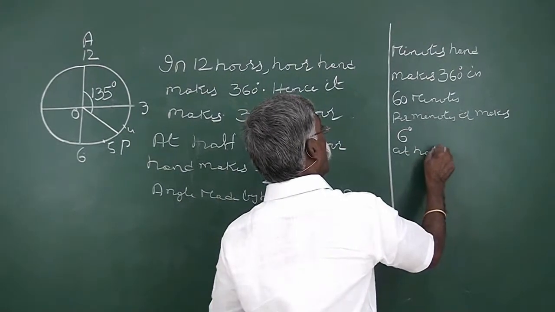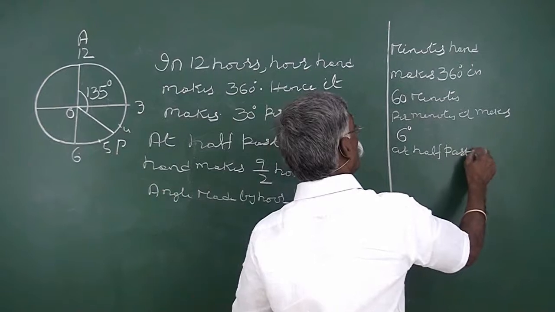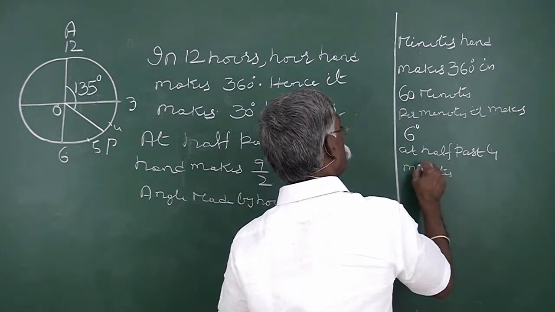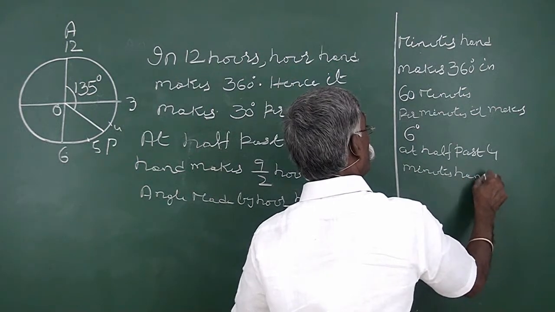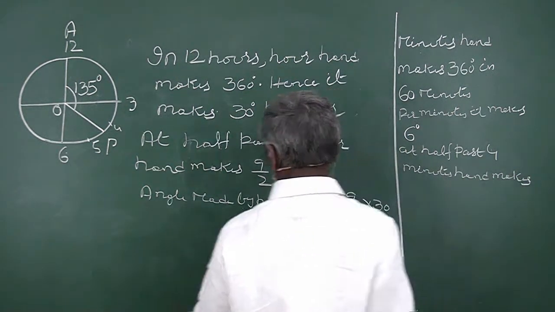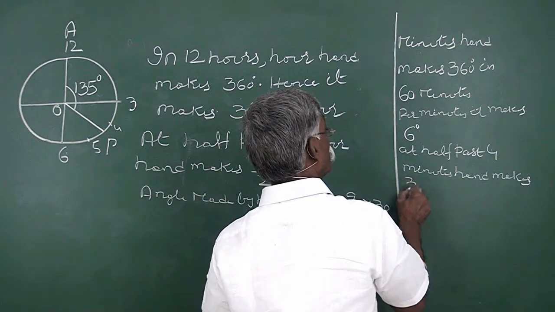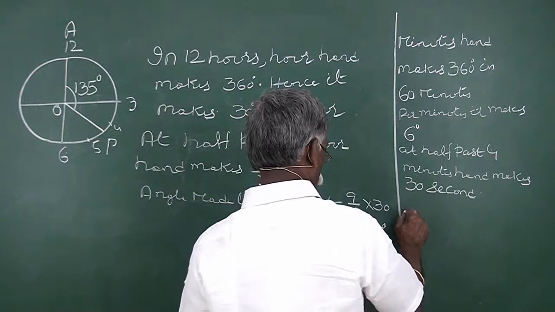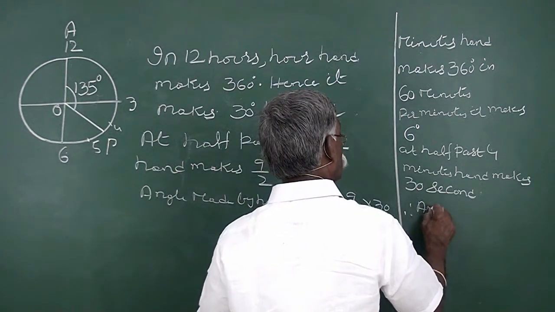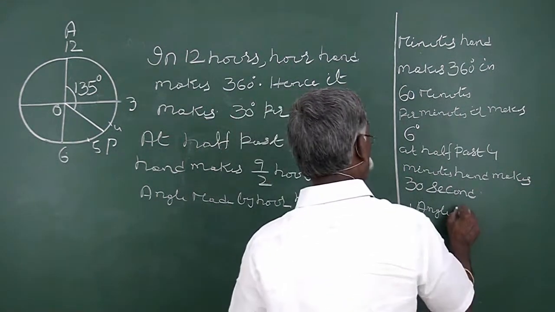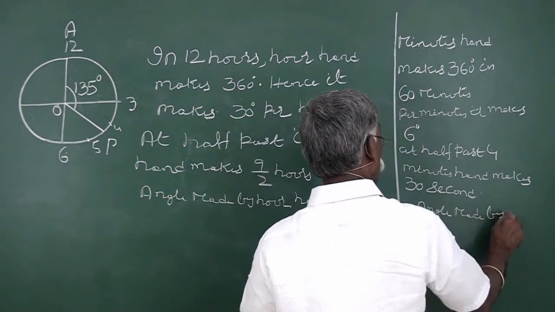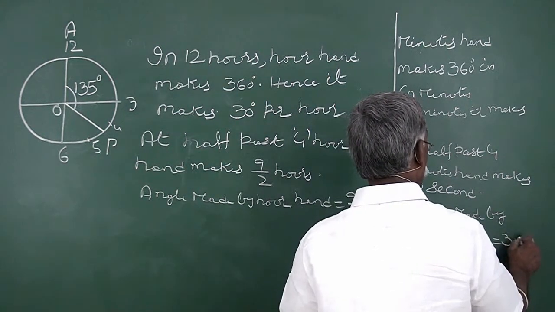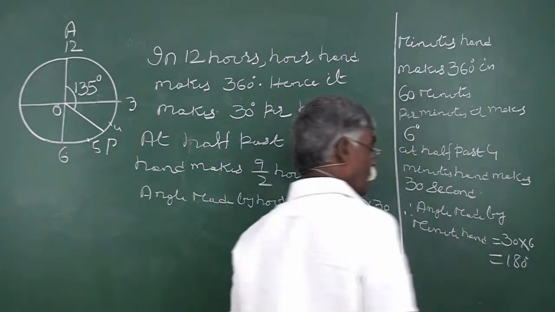At half past 4, the minute hand makes 30 minutes. Therefore, the angle made by the minute hand is 30 into 6, 180.